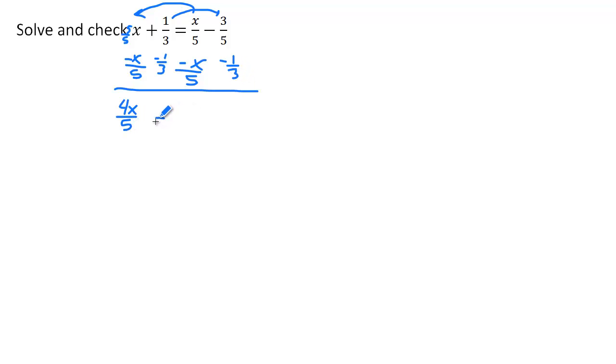And we will get, well, 3/5 minus 1/3 need common denominators. The common denominator, the least common multiple, is 15. So if I take 3/5 times 3/3, I get a common denominator of 15.